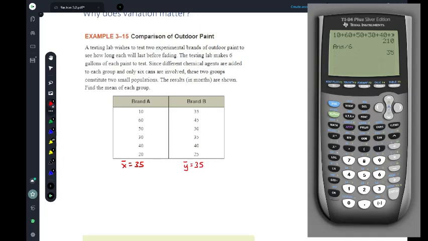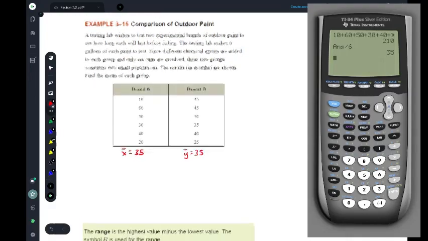There's no difference between the two. Or not. They have the same average, but we also want to see, do they have the same variation?